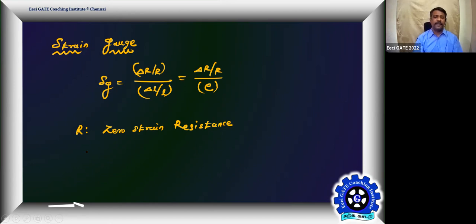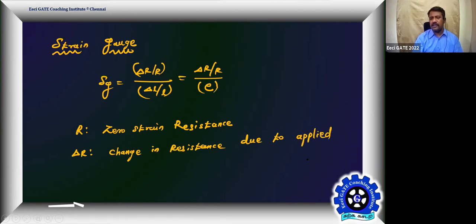Delta R is the change in resistance due to applied strain in the metal block where we are going to paste our strain gauge. I will show that arrangement. And E is nothing but simply the strain in the metal block where the gauge is pasted. Hope it is clear, everyone.